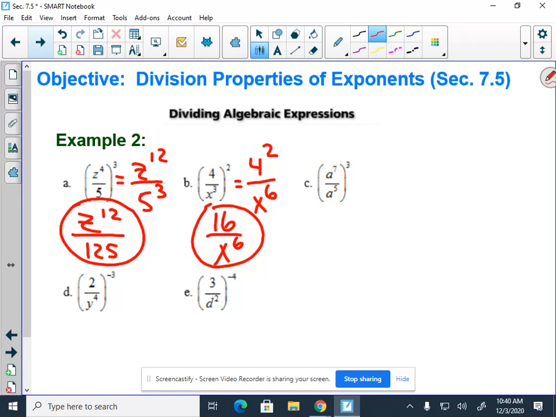Now there's a couple ways to do this next one. First, we can just continue doing what we're doing. I'm going to tell you there's a faster way on this one if you recognize it. But we can go a to the 21 over a to the 15. Now, since they're the same, we'll subtract. We'll take 21 minus 15. We'll get a to the 6th.